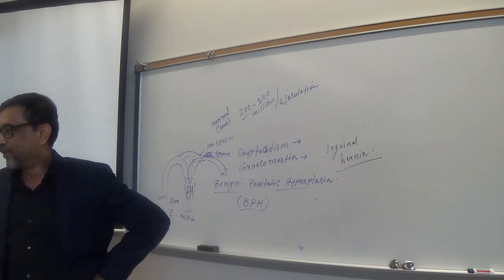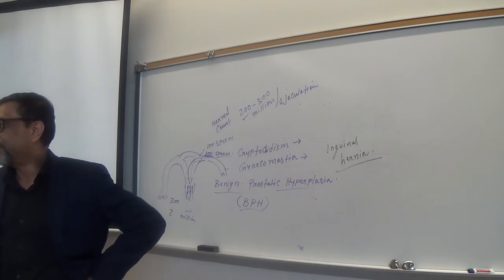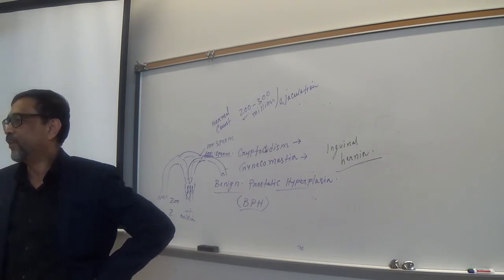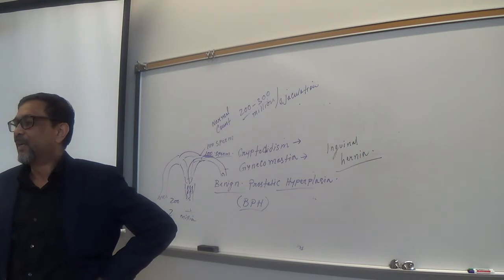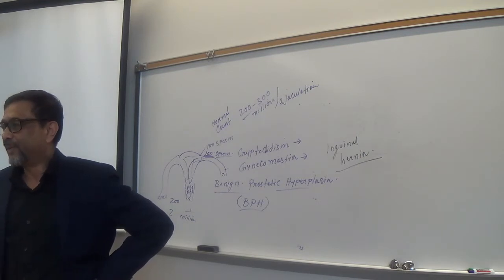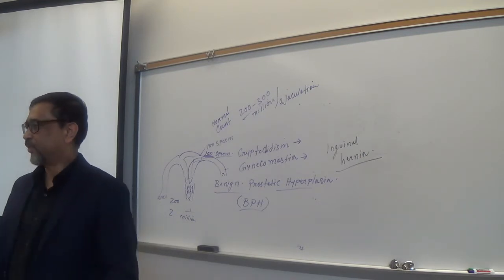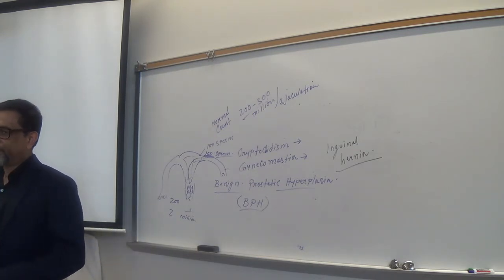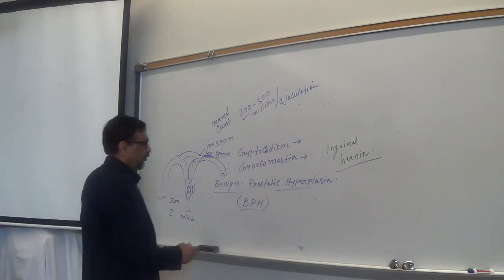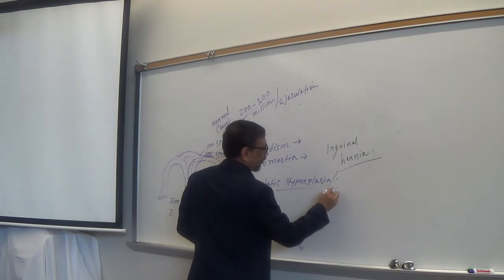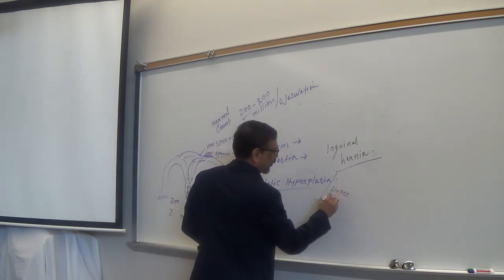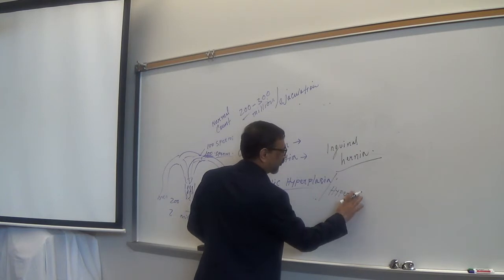So one factor we know is age. When you get old, the chance of hypertrophy increases. Hypertrophy is enlargement of the prostate, which is called hyperplasia. We also use this term, hypertrophy of prostate.